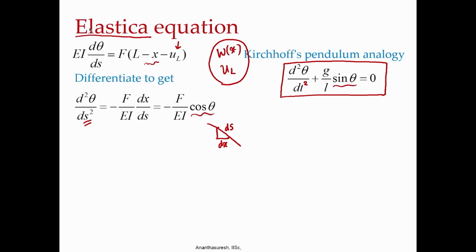So, dt square, and then we have cosine theta here, sine theta, that does not matter because if I draw the pendulum, normally we denote this angle as theta, instead I can denote this angle as theta, that becomes cosine theta as we have here. So, you can see that the large oscillations of a pendulum and the deflection of a beam are governed by the same mathematical equation. Does it mean then that there are some oscillations also in this beam?